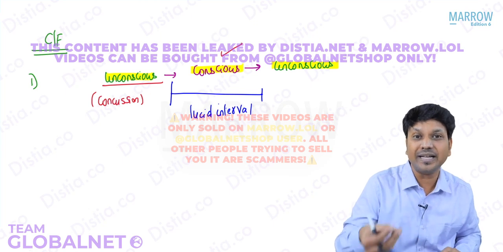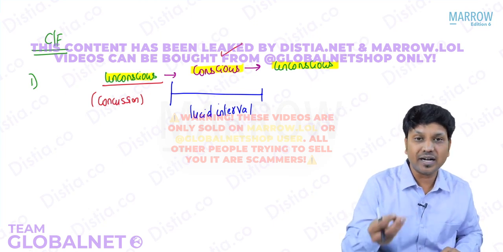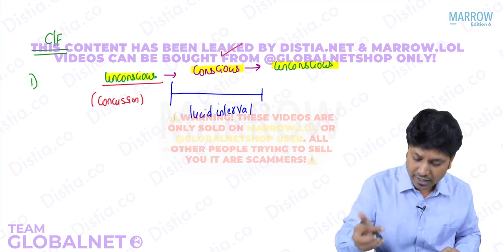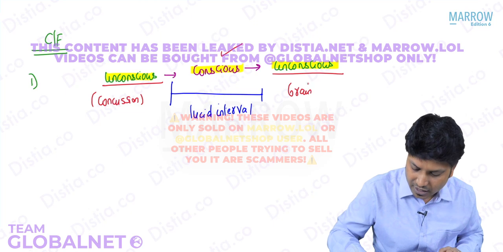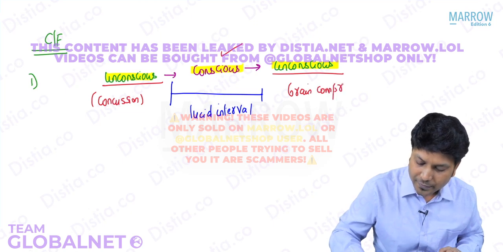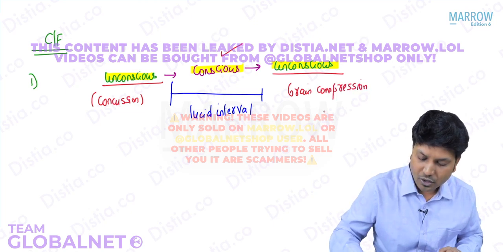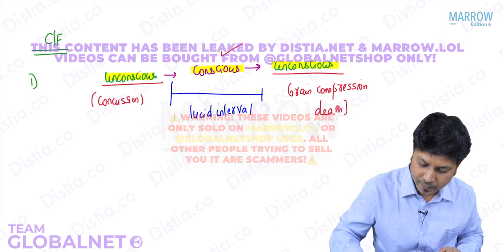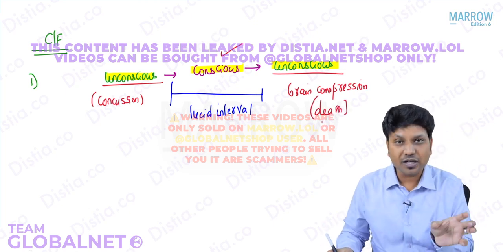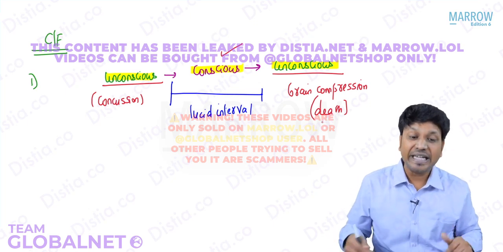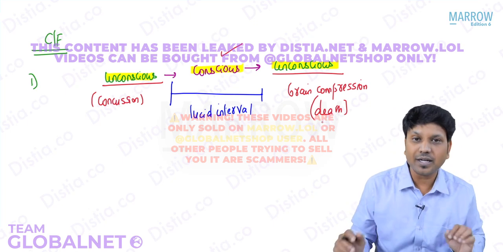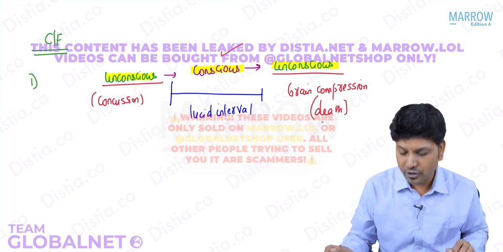The bleeding keeps on increasing and starts to produce brain compression. The person again becomes unconscious and dies. So the first unconsciousness is due to concussion and the second unconsciousness is due to increased bleeding causing brain compression, and the person dies because of that.